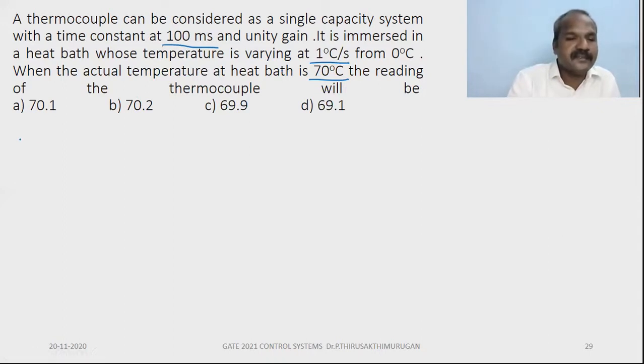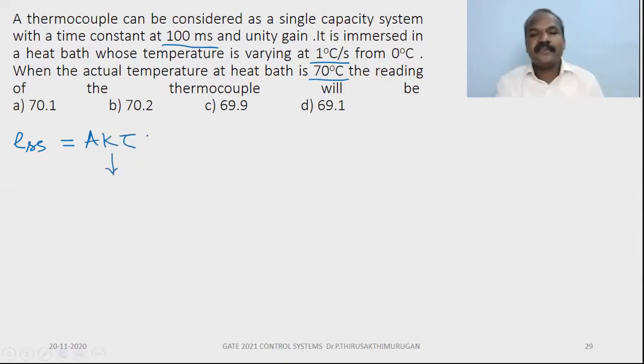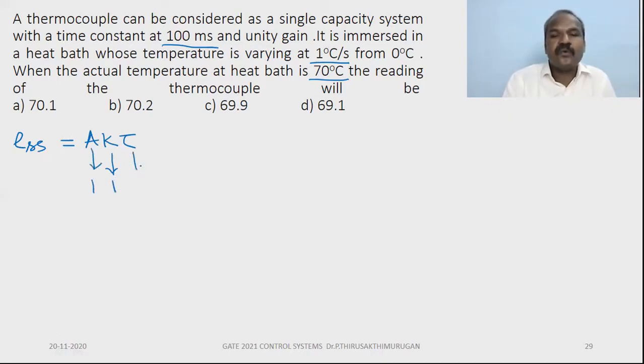So what is the steady state error? Steady state error equal to A K tau. K is given as 1, unity gain. What is A? 1. What is tau? Tau is given as 100 into 10 power minus 3 second.